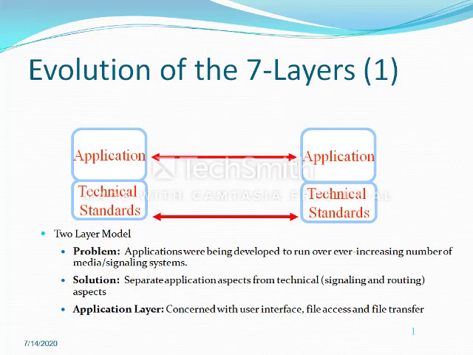What is the solution? Separate the application aspects from the technical, that is signaling and routing aspects. This application layer is concerned with the user interface, file access and file transfer. Okay.